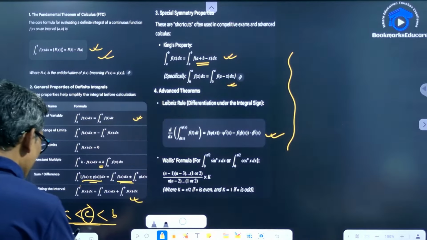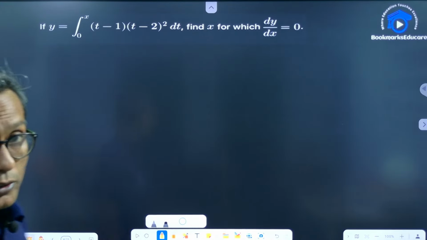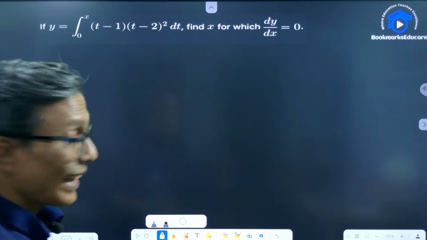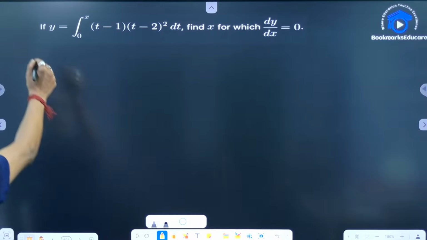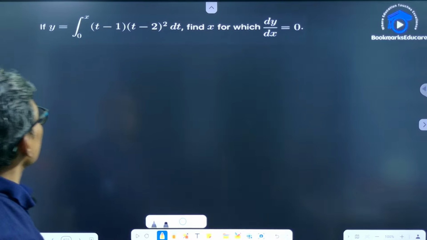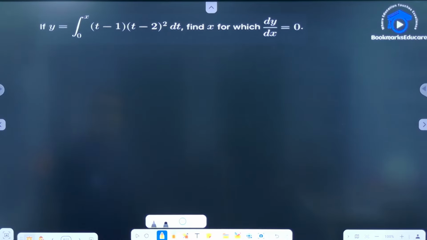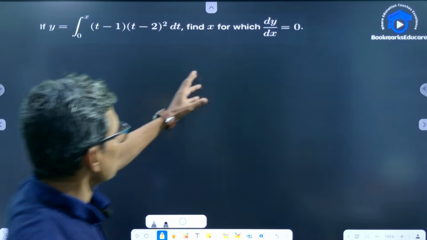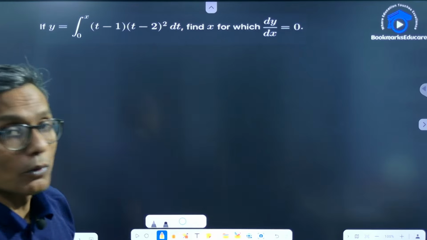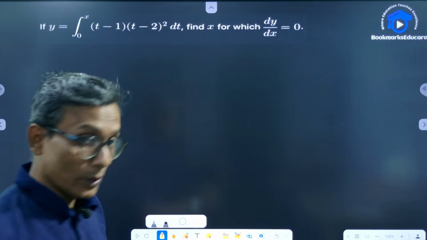So now let's start with the first question based on definite integral. Here, y is equal to the integral from 0 to x of t minus 1 into t minus 2 whole square dt. Find x for which dy by dx is equal to 0.